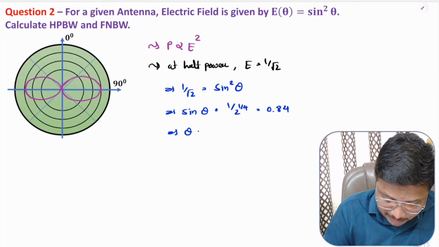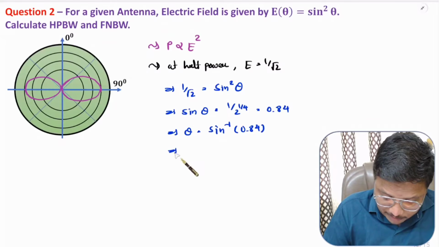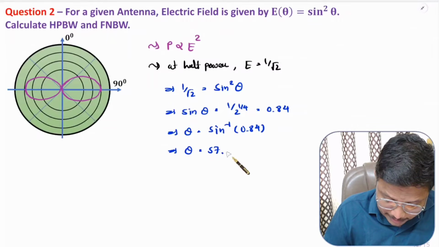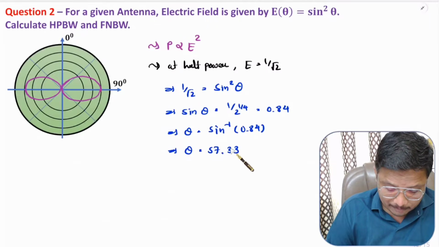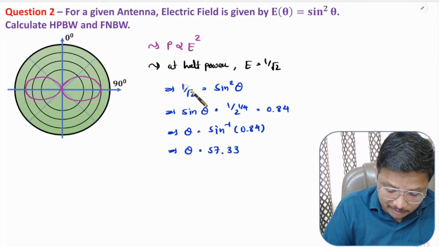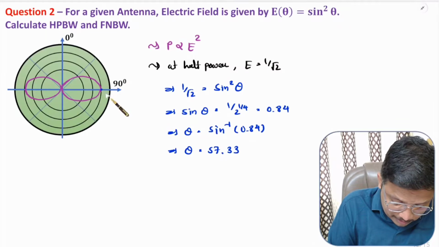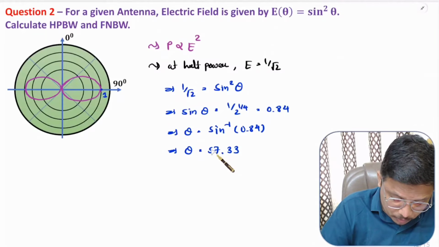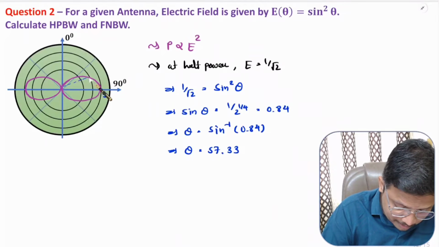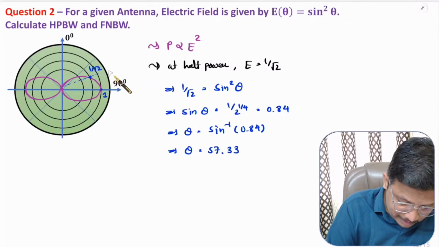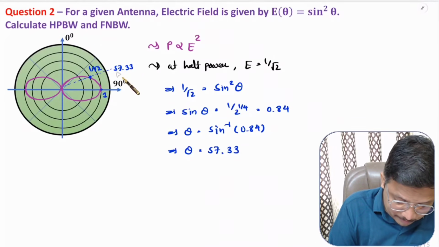So theta is equal to sine inverse of 0.84. And if you solve this, you will be getting theta equal to 57.33. See, this is the angle at which this electric field is 1 by root 2, right? So here if I say electric field is 1, then 1 by root 2 will be happening somewhere over here, where this angle is 57.33, right?